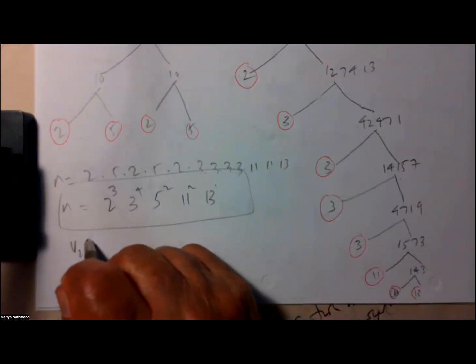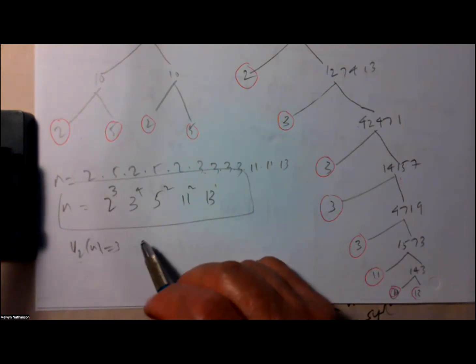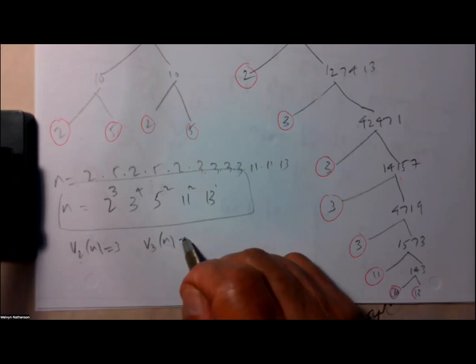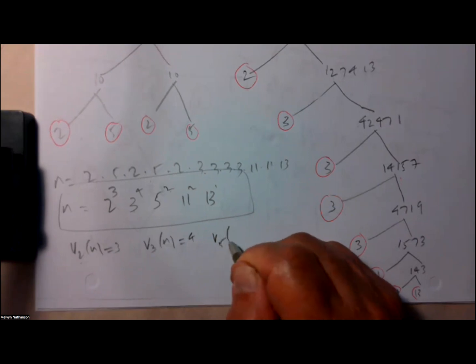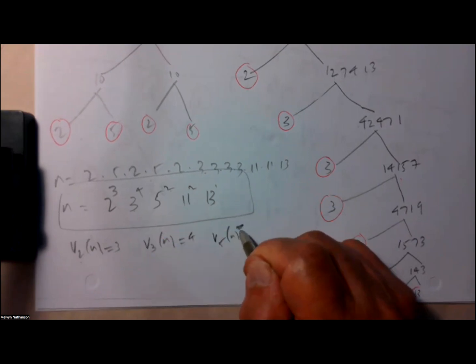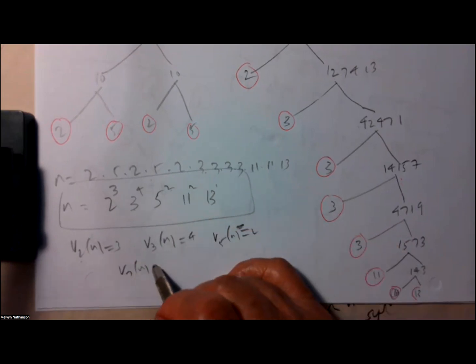And for this number n, V2 of n, the highest power of 2 that divides this number, is 3. The highest power of 3 that divides this number is 4. The highest power of 5 that divides this number is 2. The highest power of 7 that divides this number is 0.